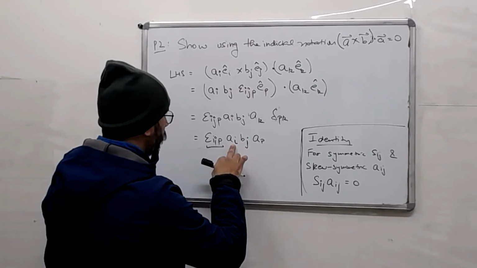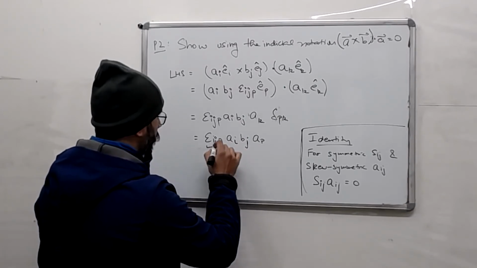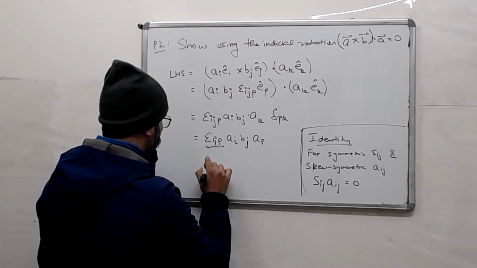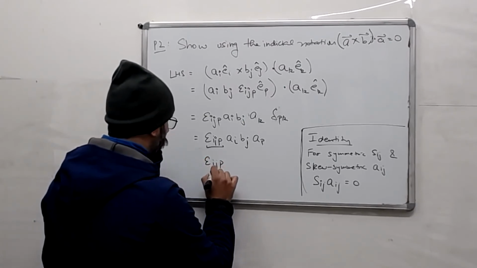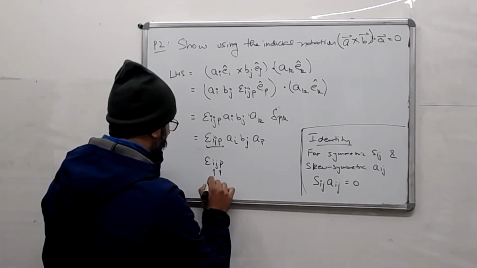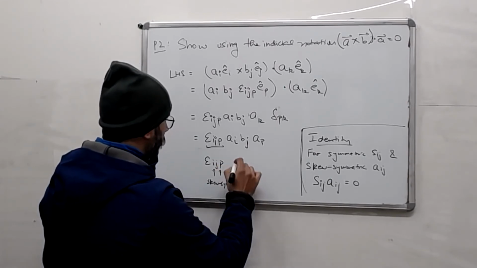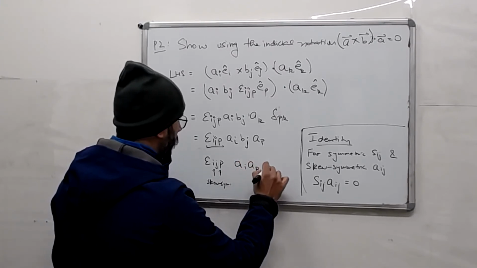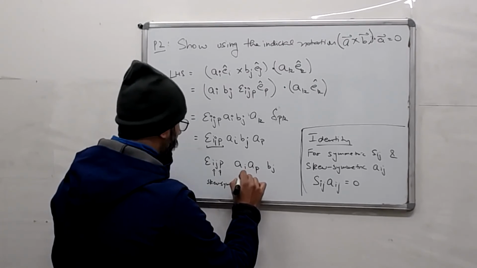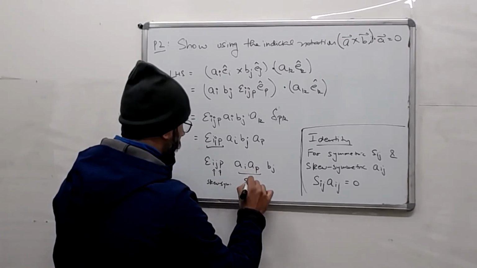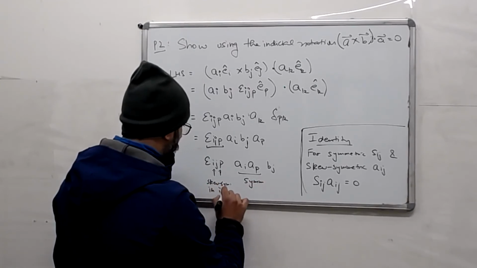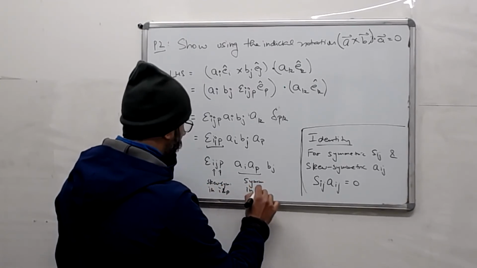Epsilon is skew symmetric in all indices. So epsilon ijp, in i and p, it is skew symmetric. And this ai ap, I'll keep the bj on the right hand side, this thing is symmetric in i and p.